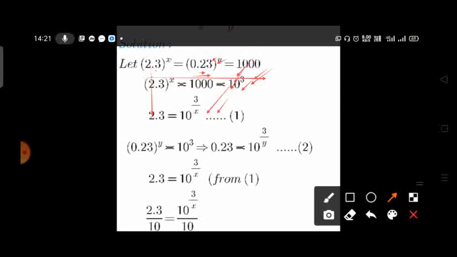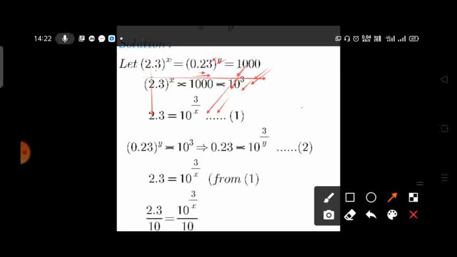First step means here 2.3 whole power x and 1000 we have taken. By using these two, you have to observe clearly: 2.3 whole power x and here 10 power 3, raised to power 1 by x. So how has it changed here? Because very little thing is raised to power 1 by x on both sides.